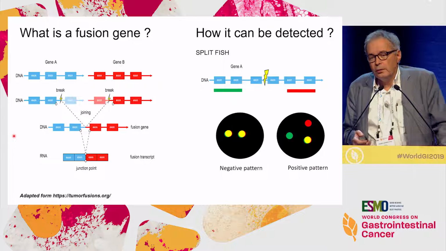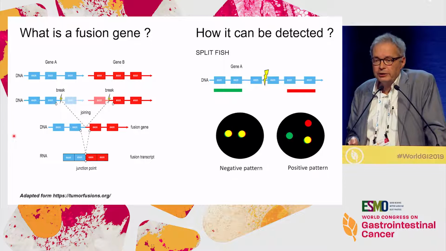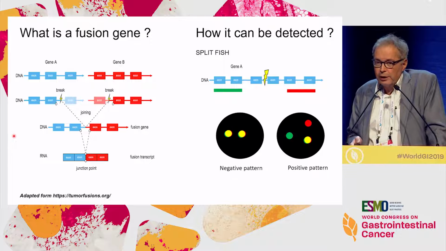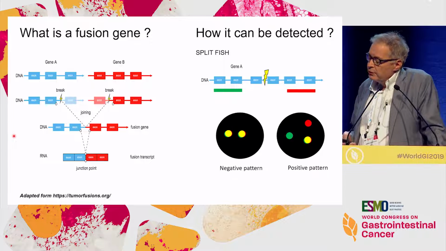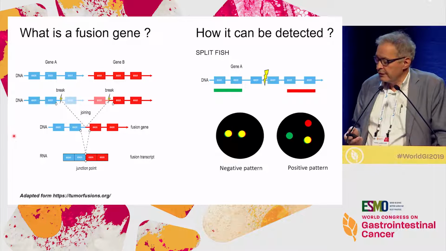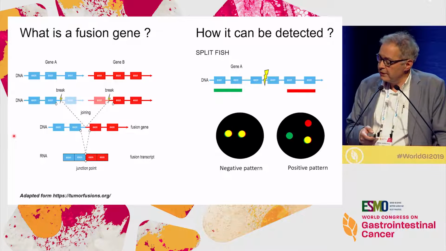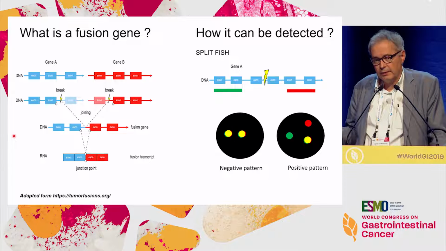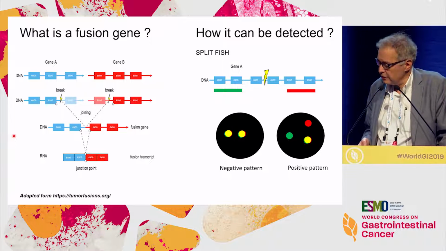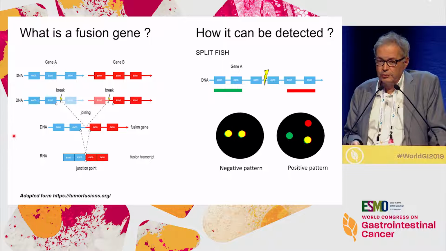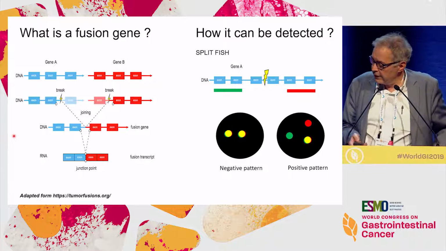If you don't know the partner of your favorite gene, you need to develop what we call a break-apart FISH, using two probes that are focusing on the same gene, one on the proximal and one on the distal part of the gene. Since these two probes are in the same gene, they give you your yellow spot, as already explained.